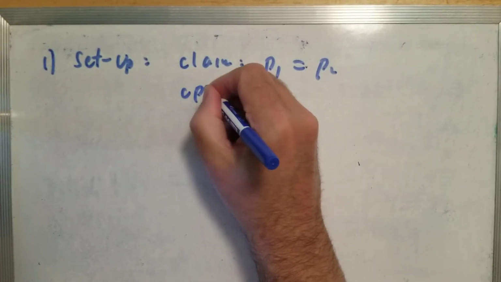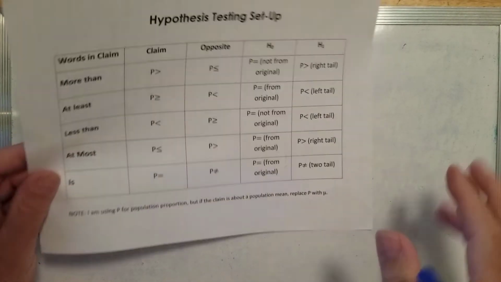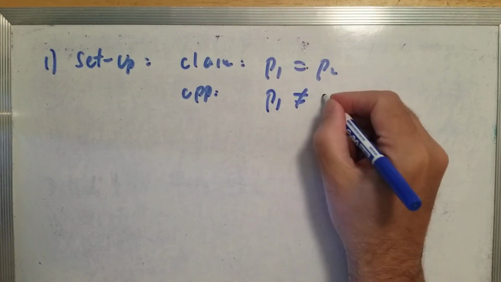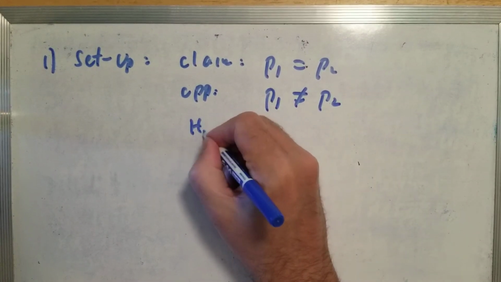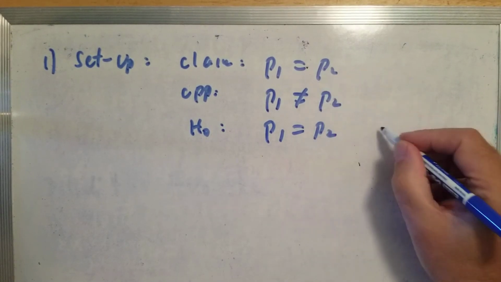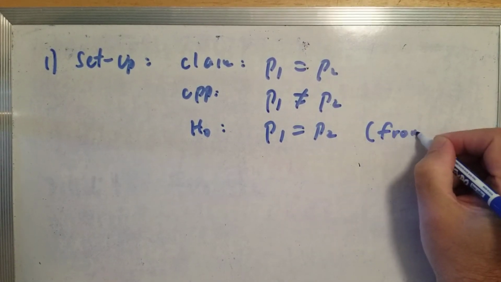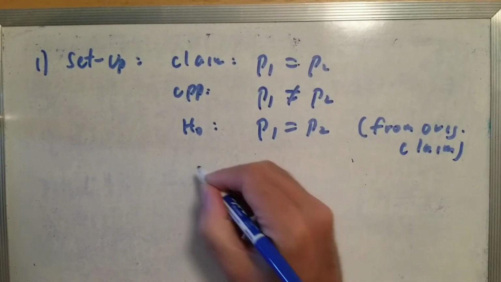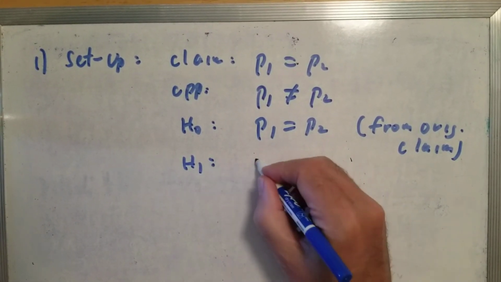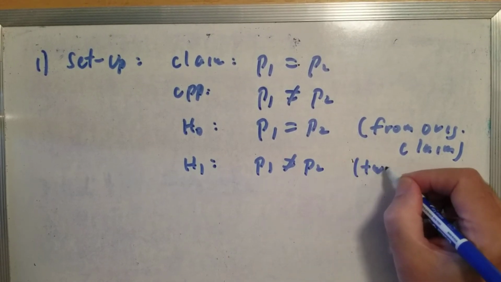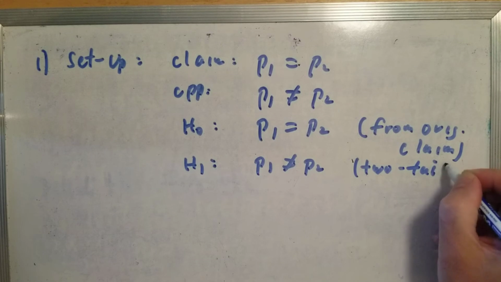The opposite is that P1 is not equal to P2. The null hypothesis is P1 is equal to P2, which is the same as original. This is from the original claim. And the alternate hypothesis, P1 is not equal to P2, which makes for what's called a two-tail test.